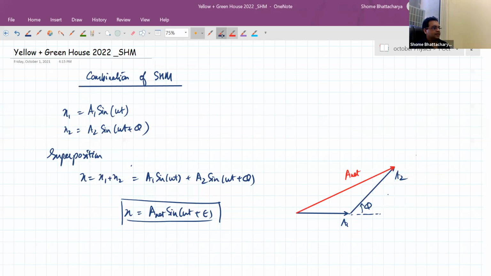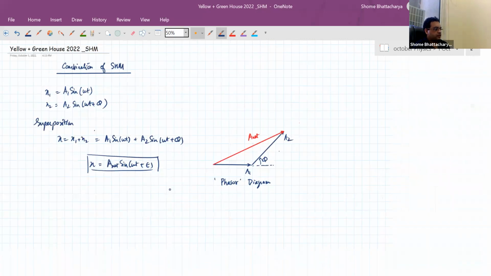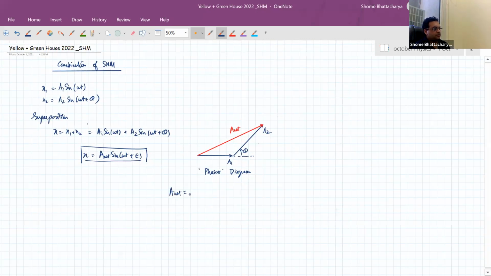This is called the Phasor diagram, because ultimately we are not dealing with vectors, so we cannot call it a vector diagram, though it is identical to a vector diagram. And the net amplitude is given by square root of A1 square plus A2 square plus 2A1 A2 cos phi.